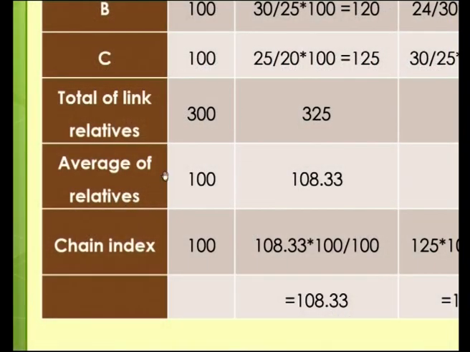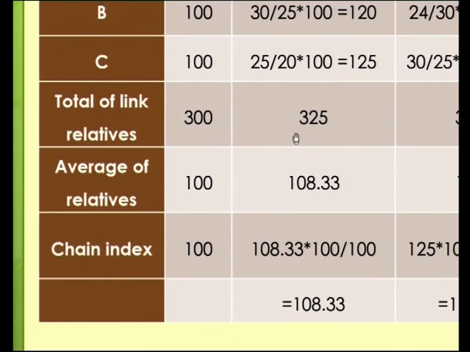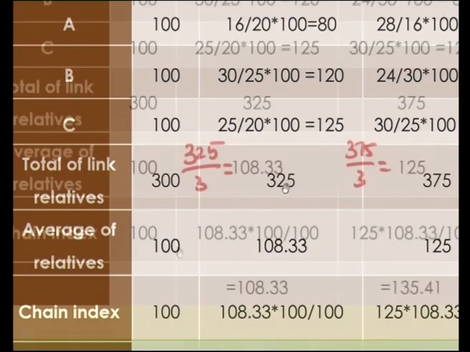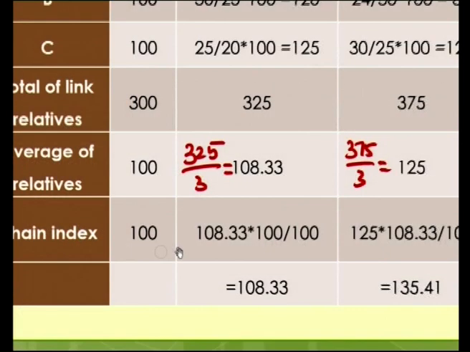Then the average of relatives: 300 is obtained by adding 3 values, therefore 300 by 3 gives you 100, and 325 is also obtained by adding 3 values, that is 80 plus 120 plus 125. So 325 divided by 3 gives you 108.33. Likewise the values are calculated.